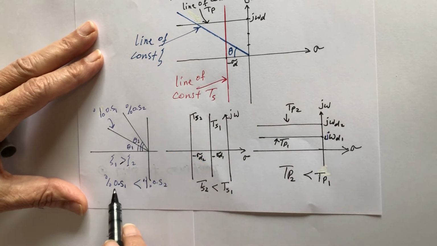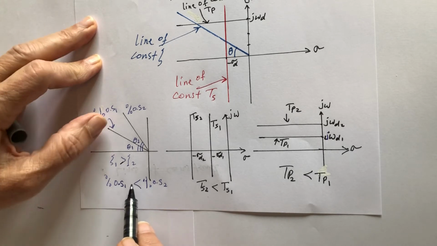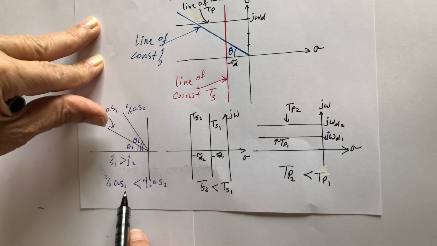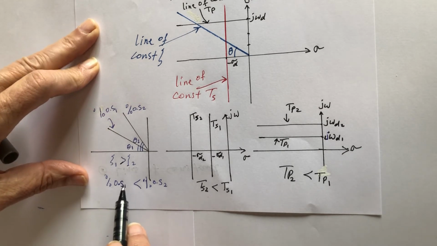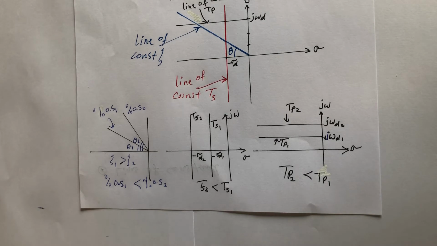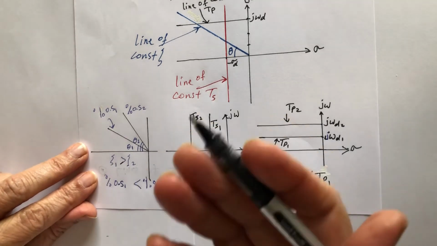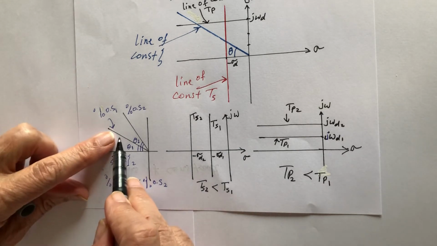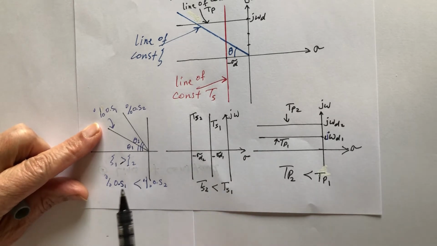Percent overshoot 1 is smaller than percent overshoot 2, because zeta here is bigger, so I'll get a smaller percent overshoot. We said that as zeta gets bigger, we get less percent overshoot. So because zeta here is bigger, you will get less percent overshoot than the other one. I hope I got this right.